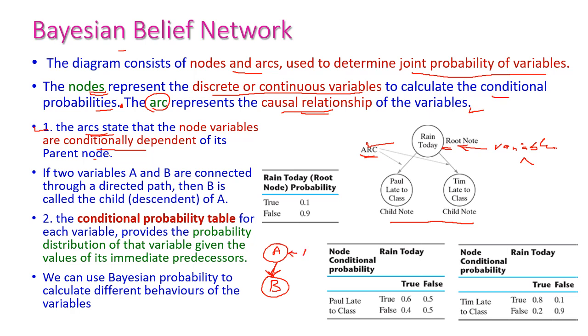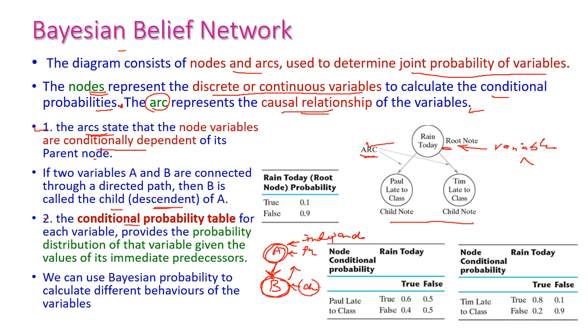Here A is the parent node and B is the child node. The child is dependent on the parent, but the parent is independent. The parent does not depend on anything else, but the child node depends on the parent node. So the child is called a descendant of A, that is the parent node.